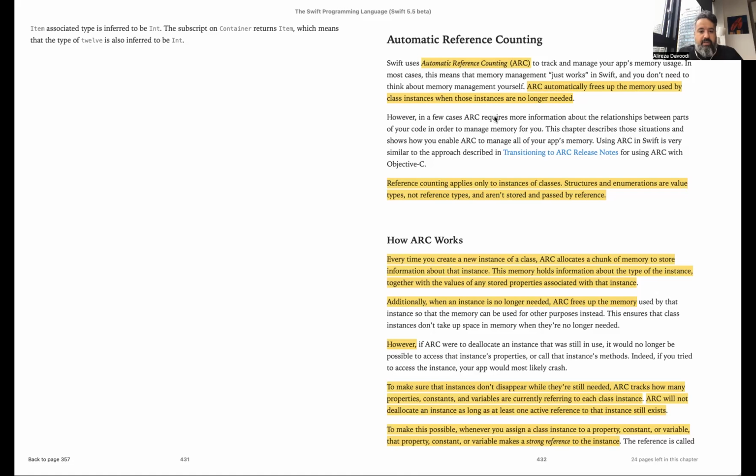So how it works: every time you create a new instance of a class, ARC allocates some memory for that, which keeps all the information about the content of that instance. When that object is no longer needed, Swift is responsible for freeing up that location of memory.